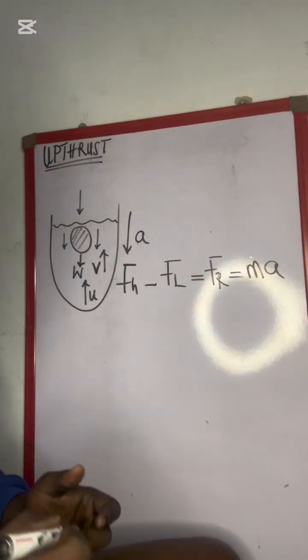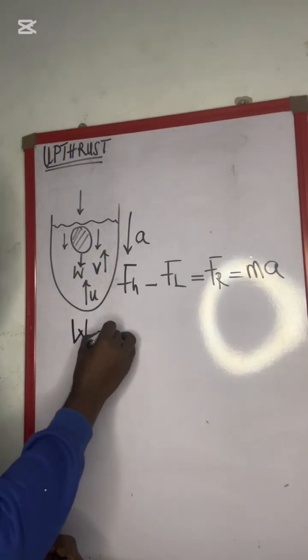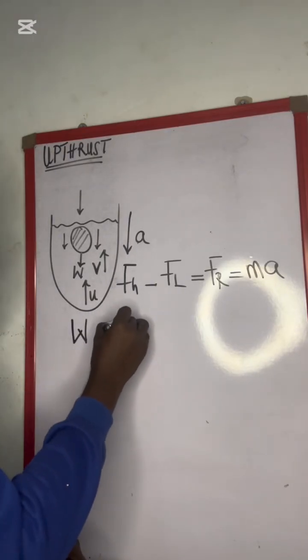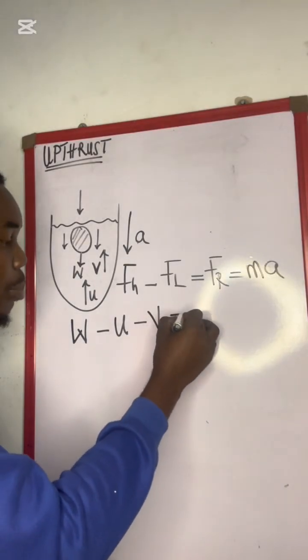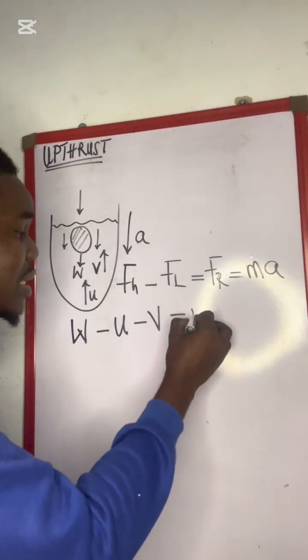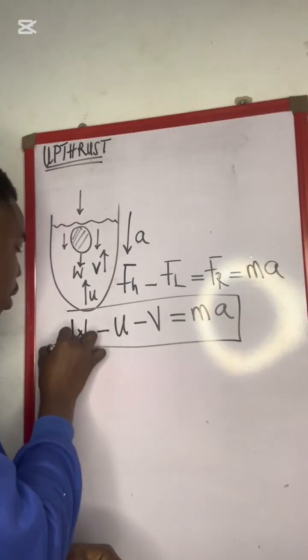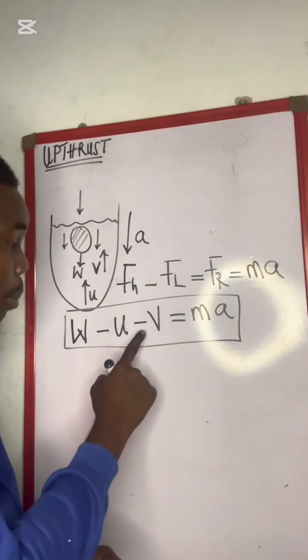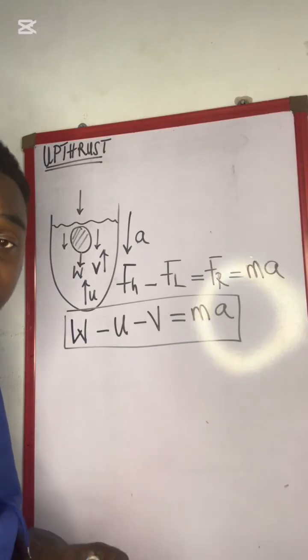Therefore, it is safe to say that the weight minus the upthrust minus the viscous force must be equal to the resultant force, which is ma. Weight minus upthrust minus viscous force must be equal to ma.